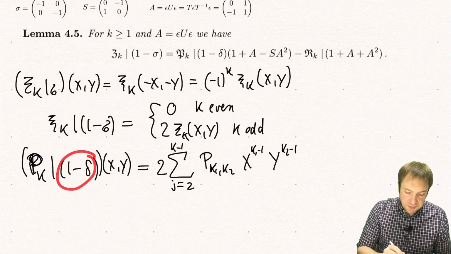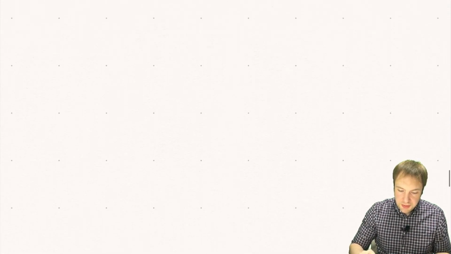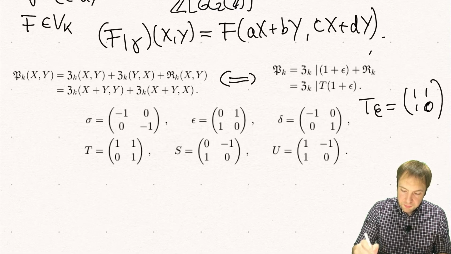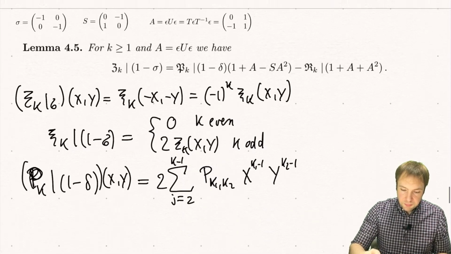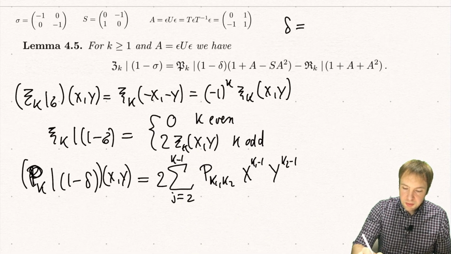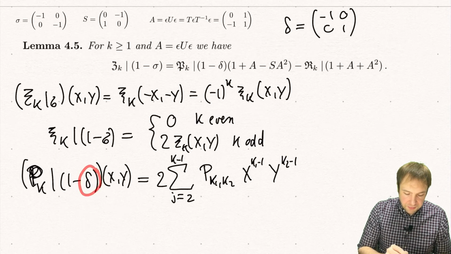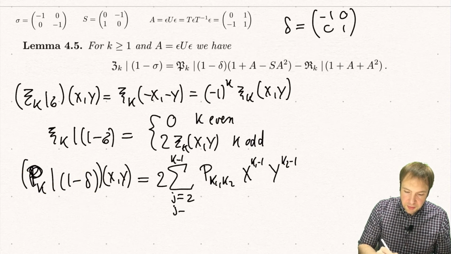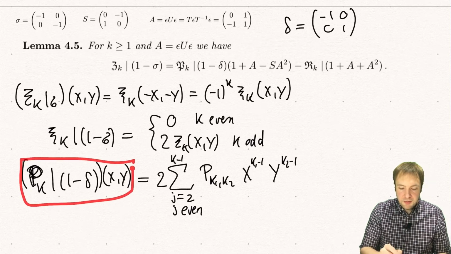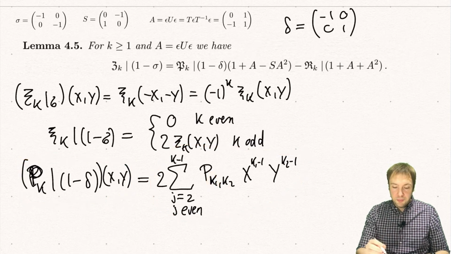And maybe I should also recall delta. So delta here just gives a minus sign in the x variable. And therefore, if I subtract this from this pk, where I put a minus sign in the x, what it does is it erases the odd parts, and therefore this thing here is just the generating series of this p k1, k2, where the first entry is even.